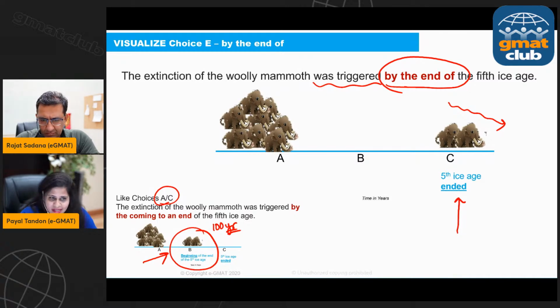What choice E is saying is that the ice age ended, and that's when the transition started to happen. So these two choices communicate completely different meanings. Which is why choice E, even though it looks very sophisticated, is absolutely incorrect, because it changes what the author intended to communicate, and you can see that difference on the timeline view on the screen.